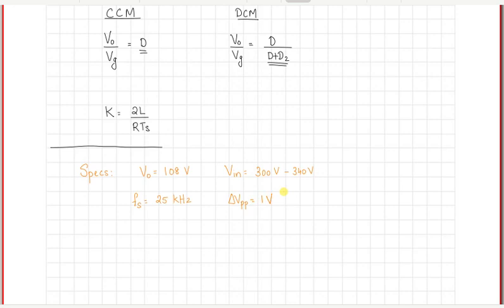Okay, so that means the output voltage should have an average value of 108 volts, and the peak to peak value should have a 1 volt difference, and we will design this converter for a fixed output current I0 equal to 6 amperes.